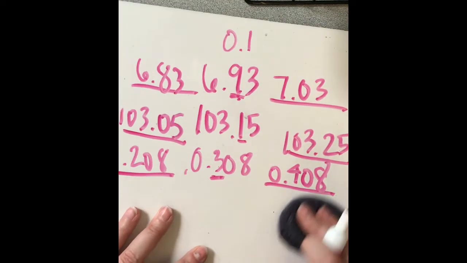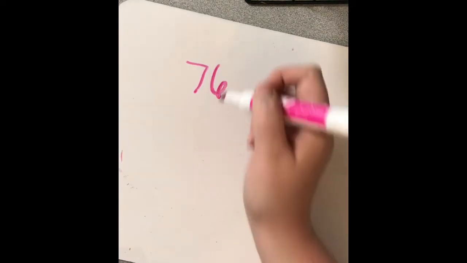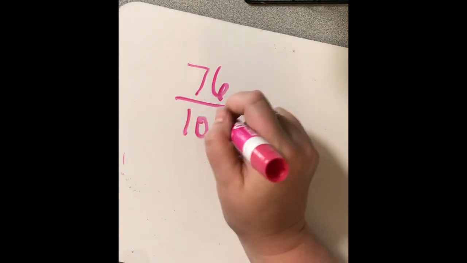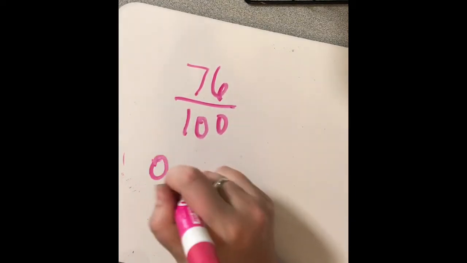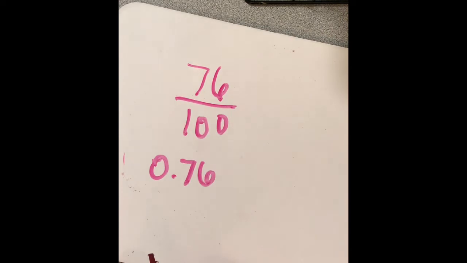Okay, next, let's look at those decimals. So it looks like the first one has 76, right? 76 shaded out of 100, so just like yesterday, that makes it 76/100.